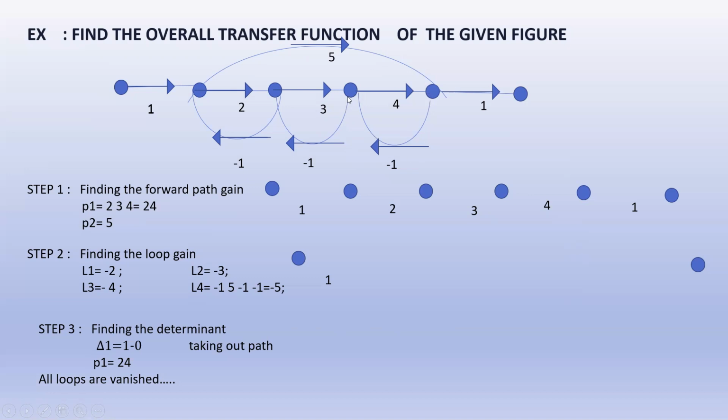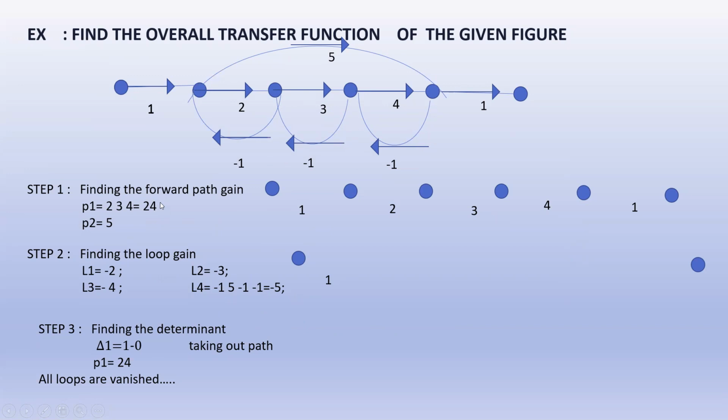So 5 into minus 1 is minus 5, and into minus 1 we have another minus 1, so plus 5 over here, and into minus 1 we have another minus 1, so minus 5. That is the fourth loop we have. So remember, a loop should travel in the direction of arrows, and it should reach the origin of the loop. So we have four loops over here.